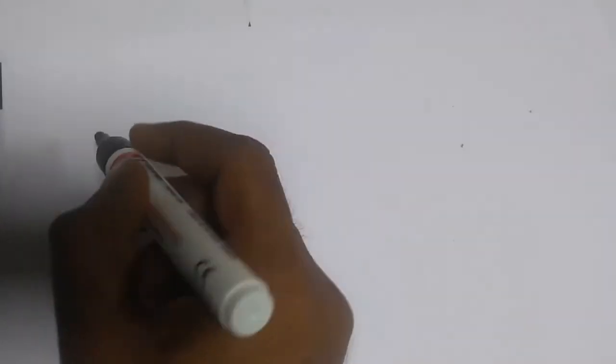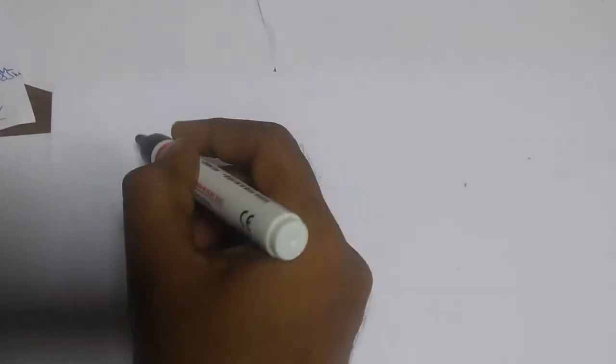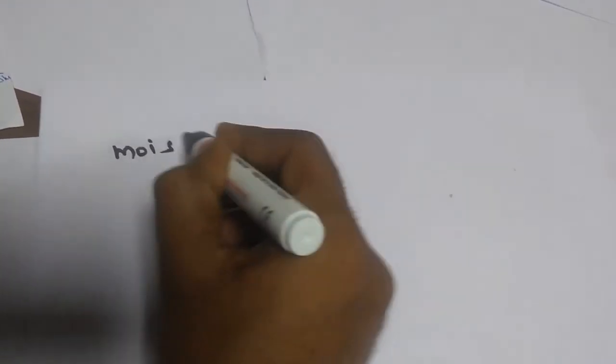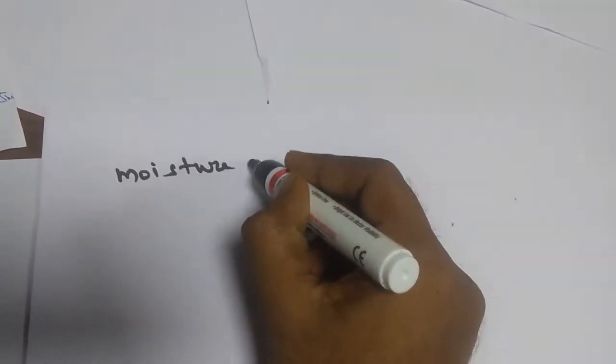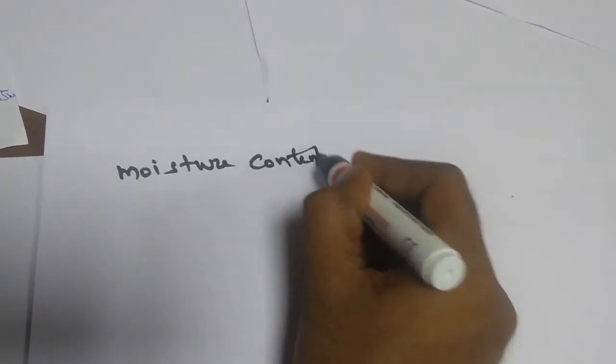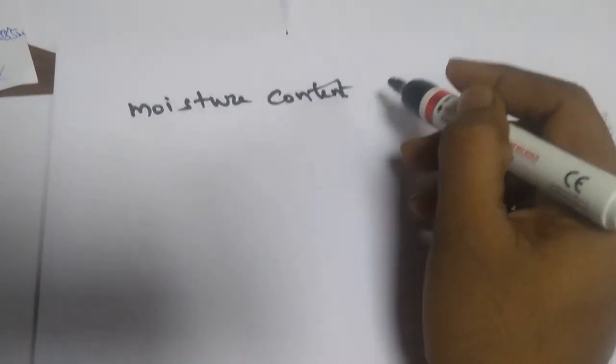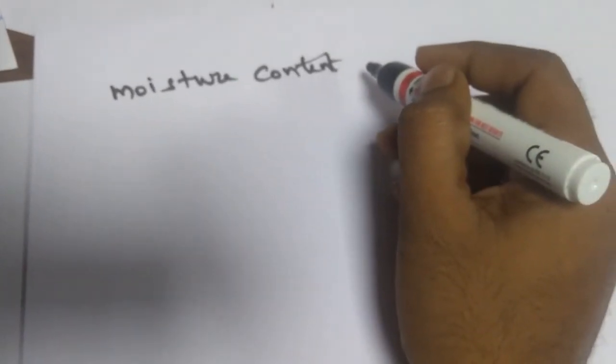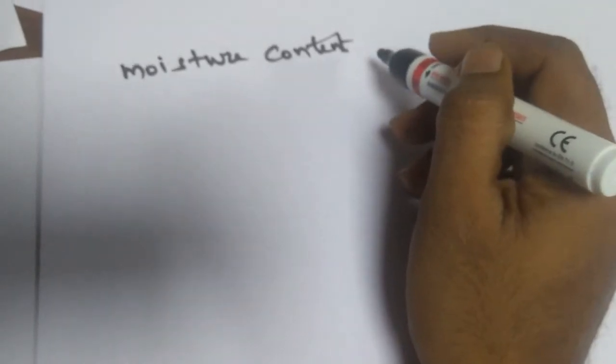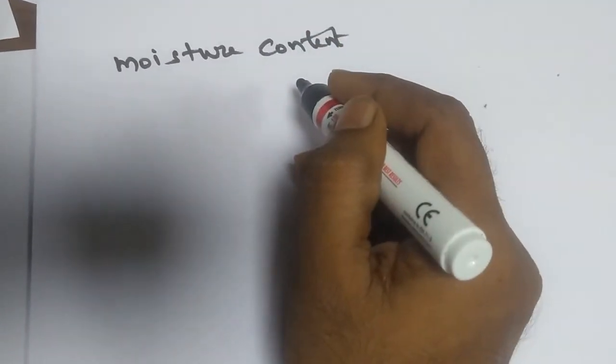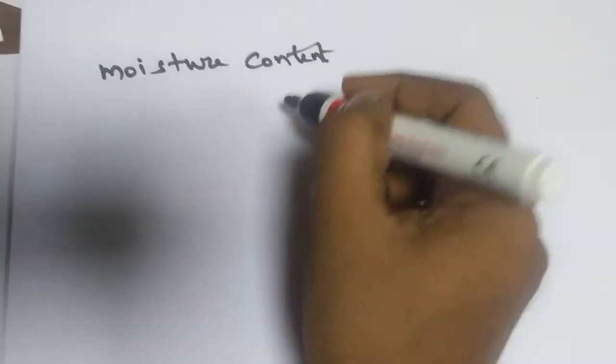Now, when we want to determine the moisture content in the soil or in soap, or in air, sometimes the moisture content can be expressed in two ways.